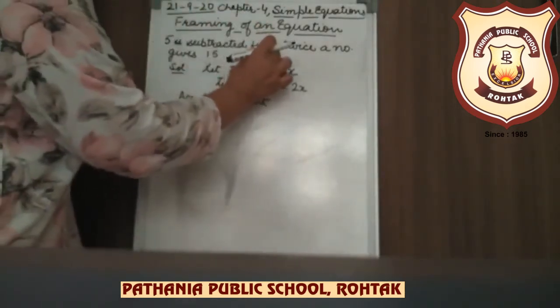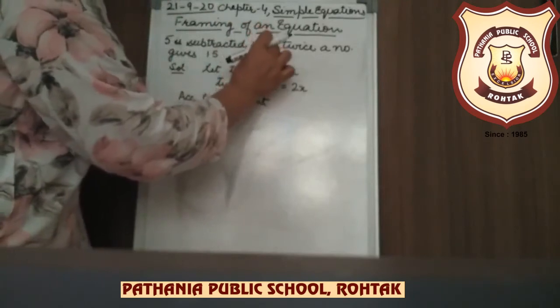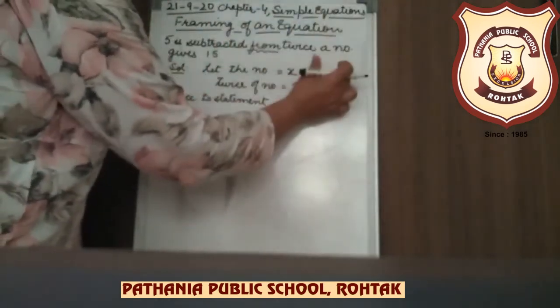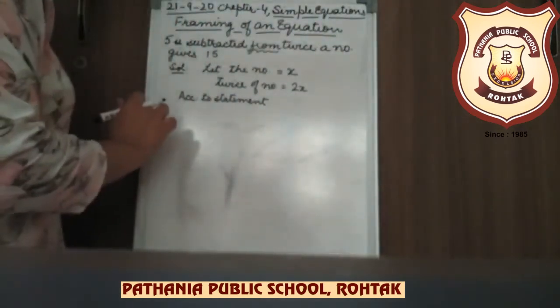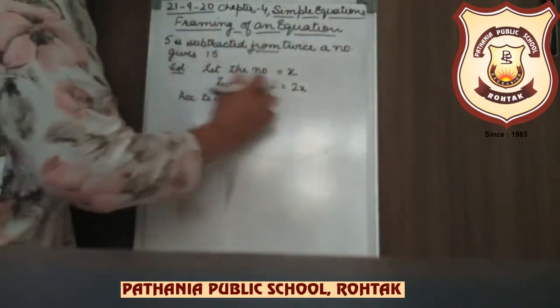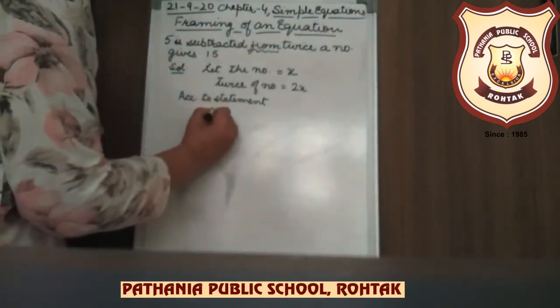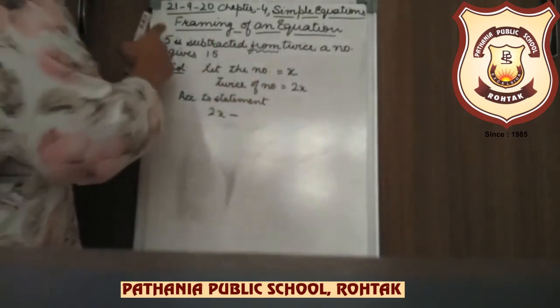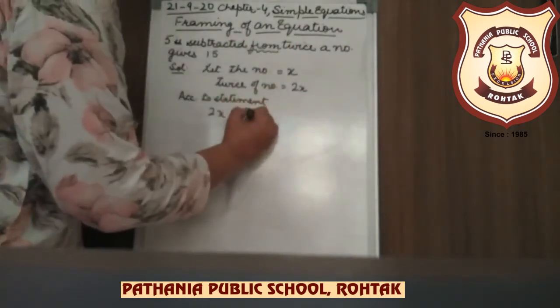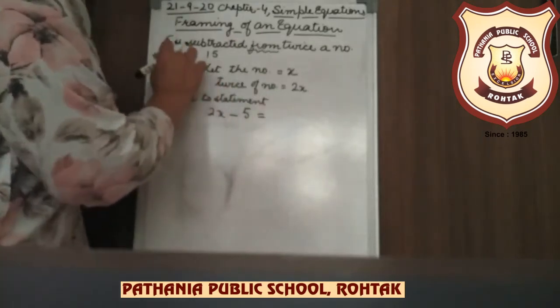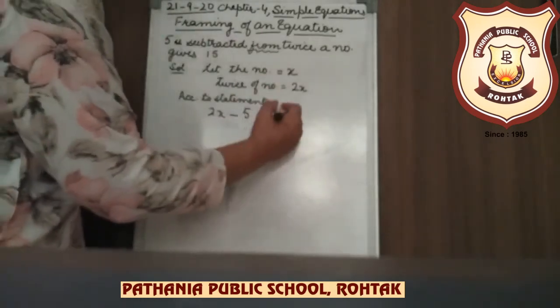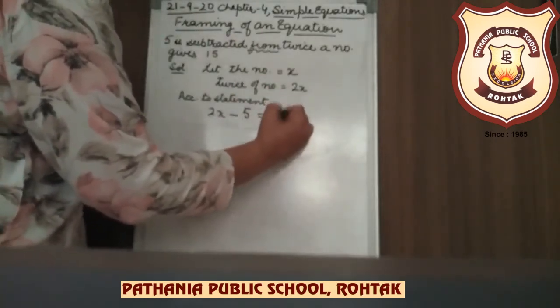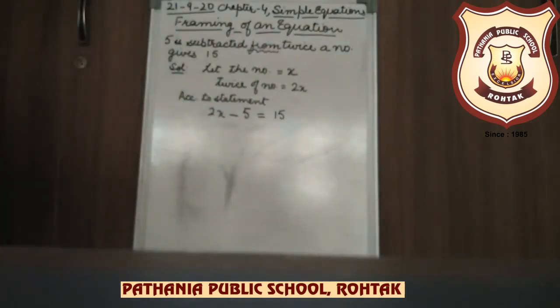So what I told you, the thing that is written after from will come first. So twice the number is 2x. Subtract, so the sign of subtraction, 5 is subtracted from, gives means equal to 15. This is the way you are going to form an equation. Clear?